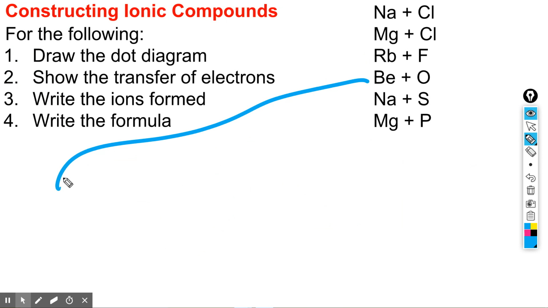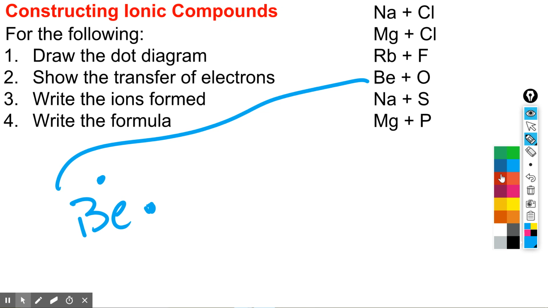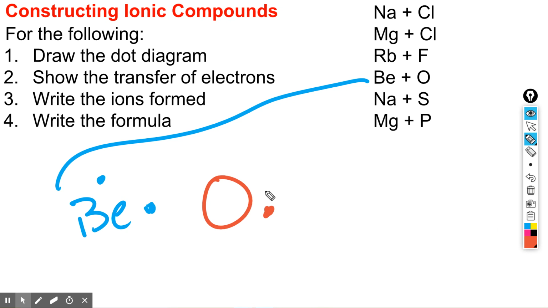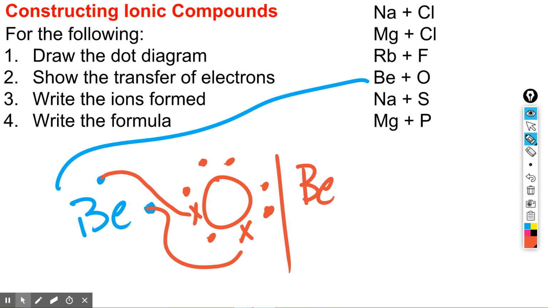The next one is beryllium oxide. Be has 2, and oxygen has 6. 1, 2, 3, 4, 5, 6. Beryllium gives 1 here. Beryllium still has 1 to give away. Oxygen also still needs 1. Ions formed. Be, drew dot diagrams, showed transfer. Do ions formed. Be gave away 2, so it's more positive by 2.